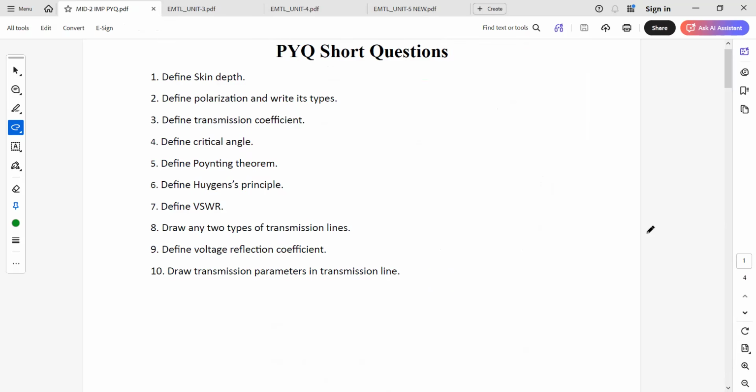Next question is about transmission coefficient. Define transmission coefficient. When a wave propagates and the plane wave moves from one medium to another medium, then transmission will take place. So that coefficient you need to define here.